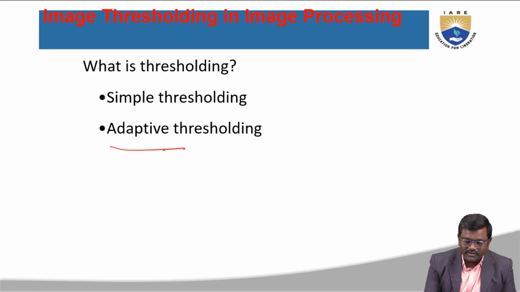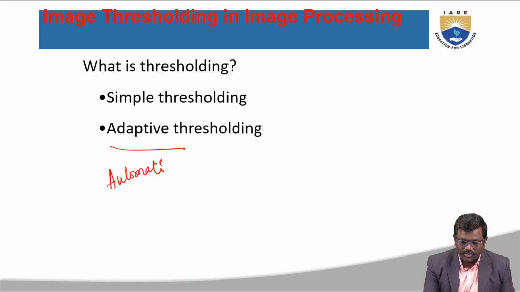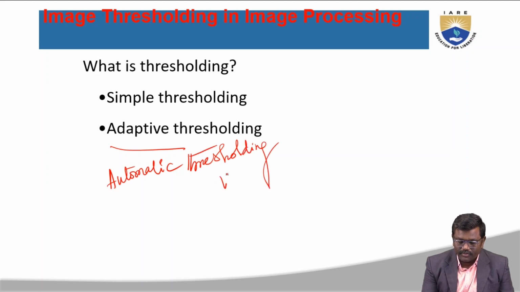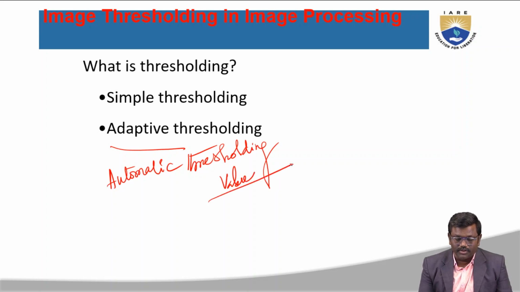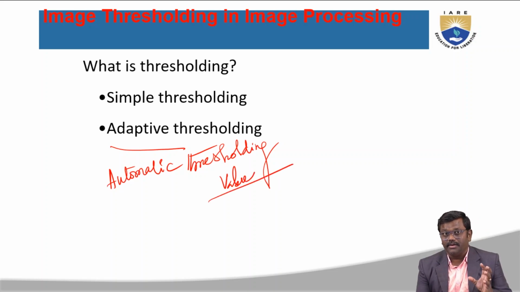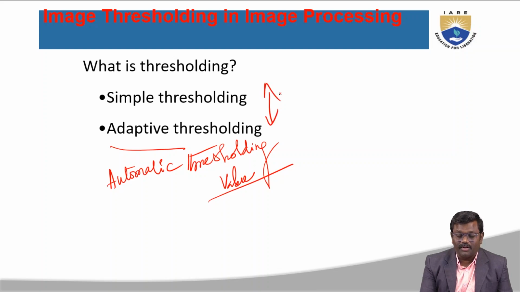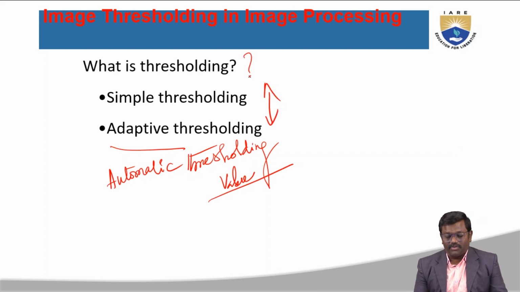Adaptive thresholding we also call automatic thresholding. The automatic thresholding value is defined as required while you are processing an image processing application; once you define it, it takes it automatically. Let me see the difference after defining the threshold.